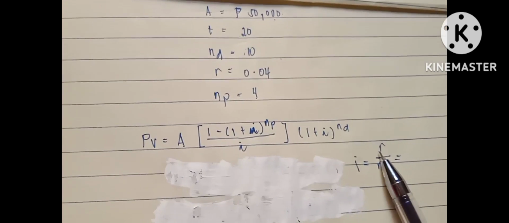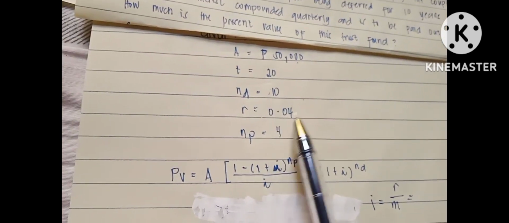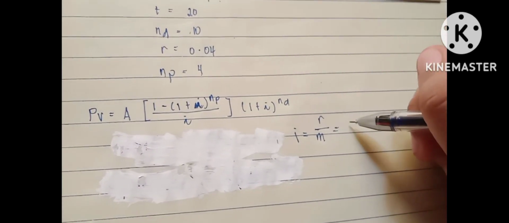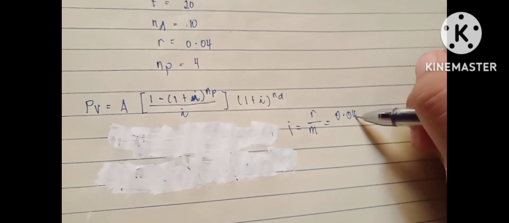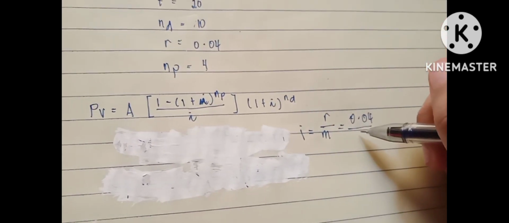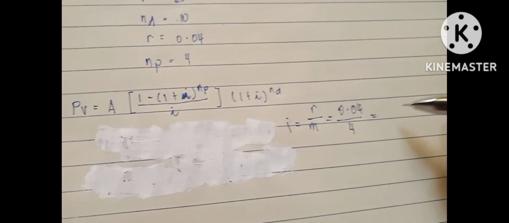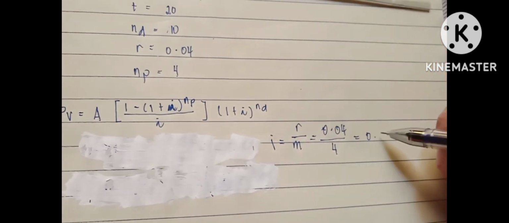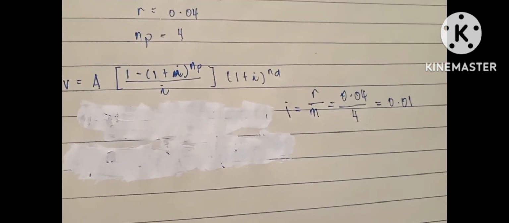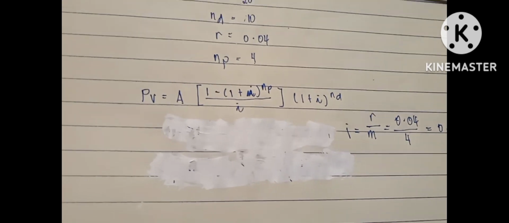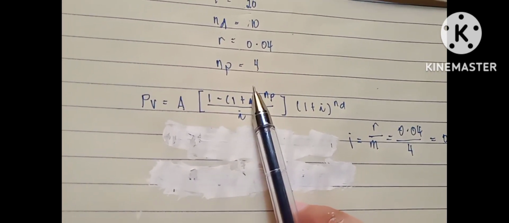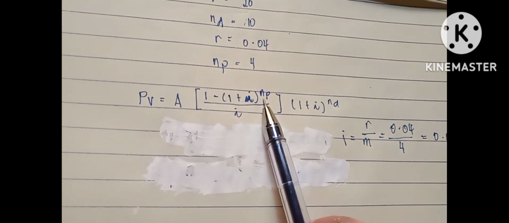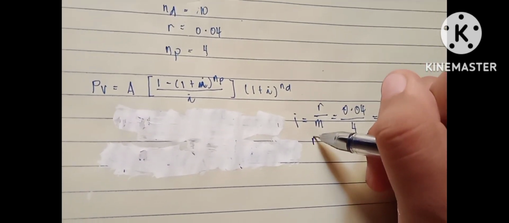So, our R here is 0.04. So, 0.04 divided by M, which is 4. So, the answer is 0.01.